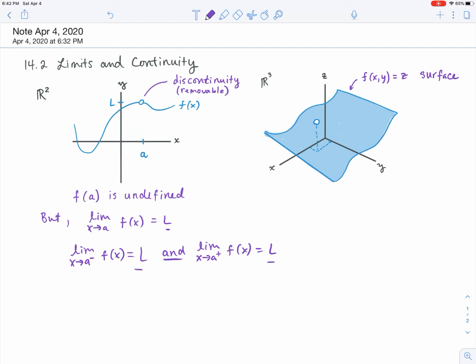Adding that dimension means that now our approach must be L from all angles.